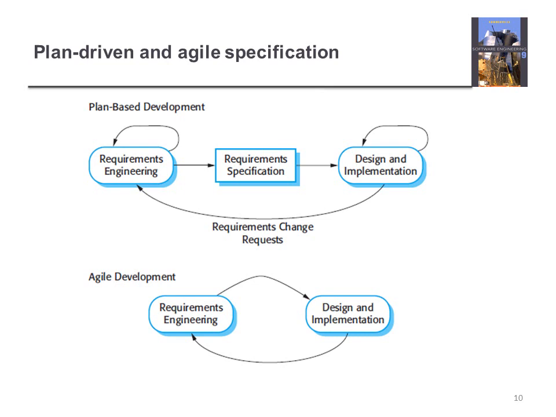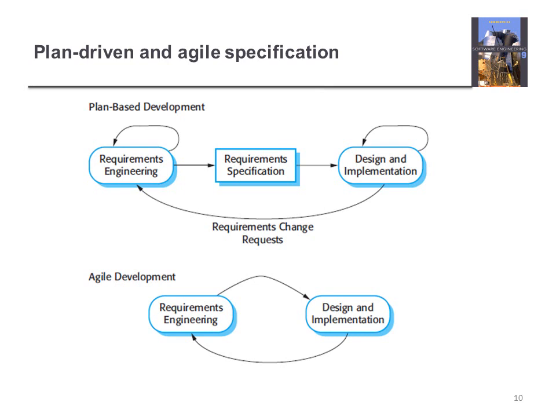As you can see in this slide, the first figure, which represents the plan-based development, we have requirements engineering. The output is going to be the requirements specification, and then from this process we are going to go to design and implementation.